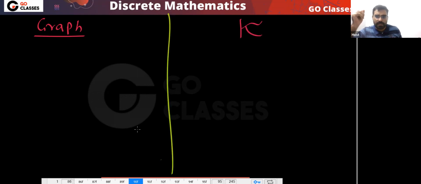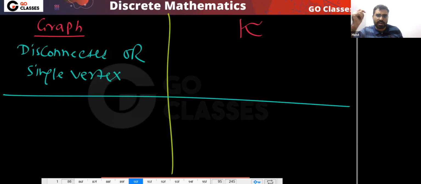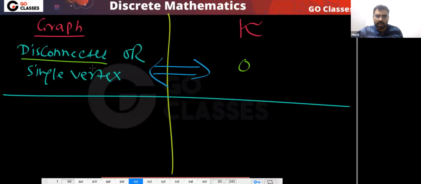If your graph is already disconnected or your graph is a single vertex, then kappa is defined as 0. So kappa is 0 if and only if this is an if and only if statement. Either your graph is already disconnected or you already have a single vertex.